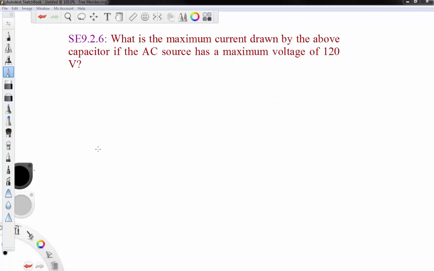All right, our second question is, what is the maximum current, I max, drawn by the above capacitor if the AC source has a maximum voltage, delta V max, of 120 volts? Well, recall that the maximum voltage is the impedance times the maximum current.